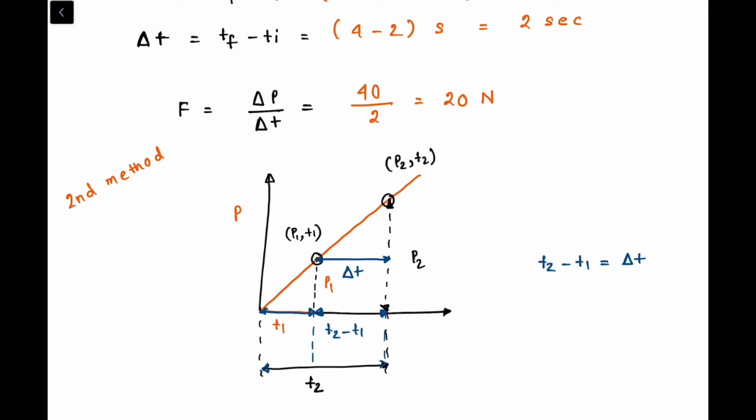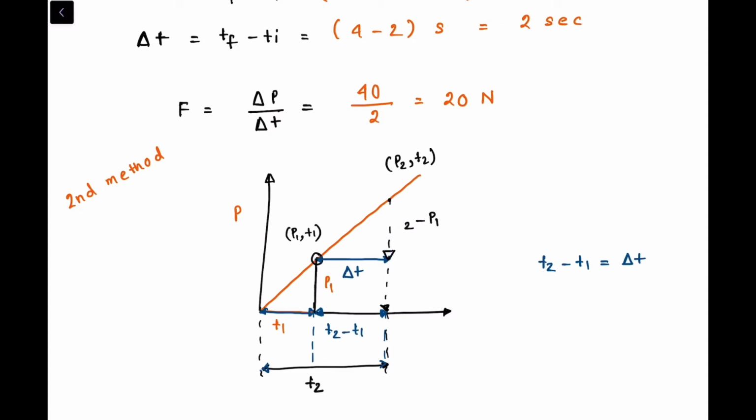Similarly, what will be this one? We have to subtract similarly the whole P2. This is P1, and this whole is P2. If I subtract P1 from P2, we get this part, which will be P2 minus P1.